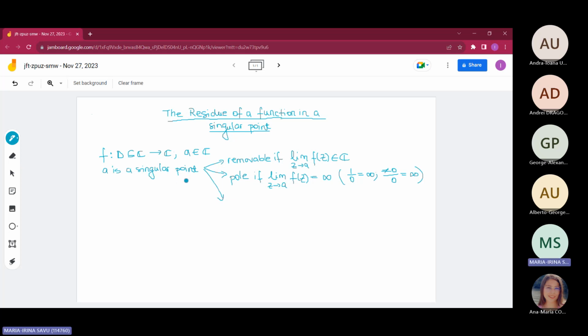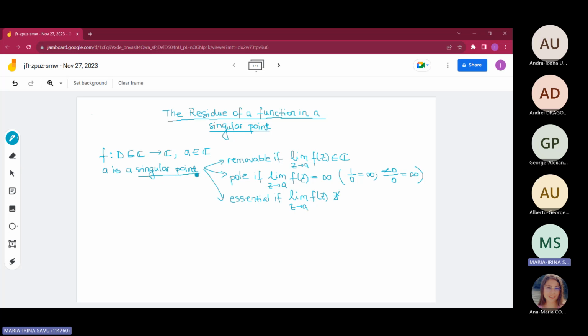And A is an essential singular point if the limit when z goes to A from f of z doesn't exist.